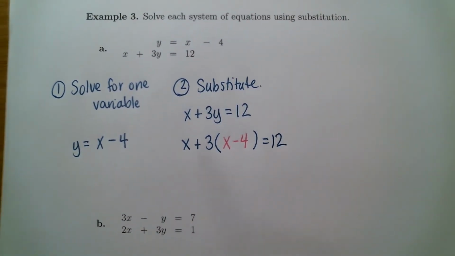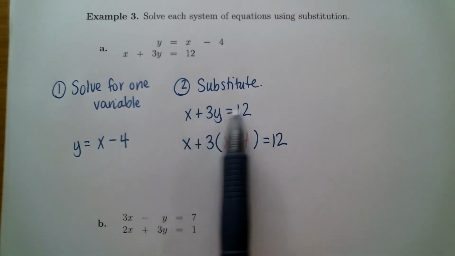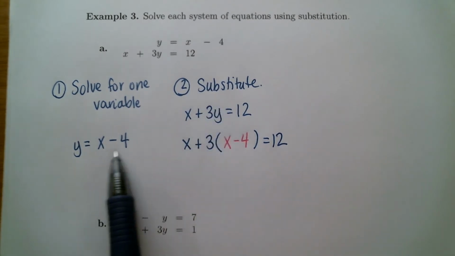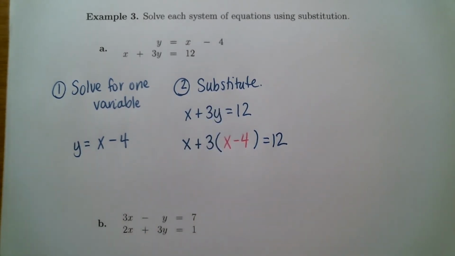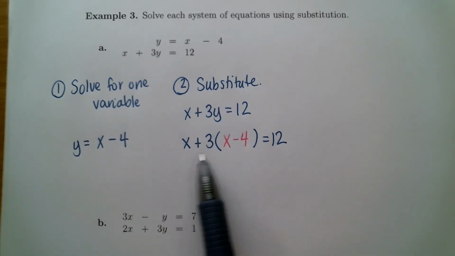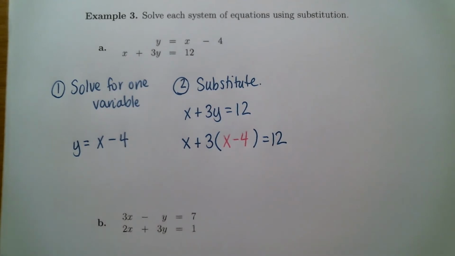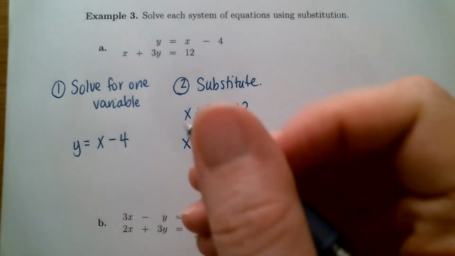So again, all I did was go to the second equation. Everywhere I saw a y, I replaced it with the package deal x minus 4. The reason this is great for us is because now we have an equation that just has an x, so we can solve for the x value. Let's go ahead and do that.